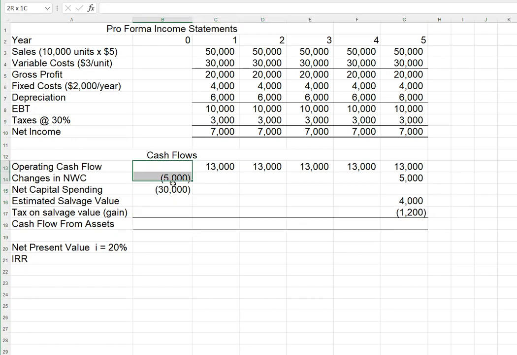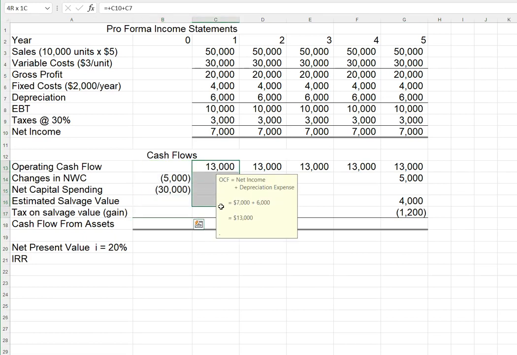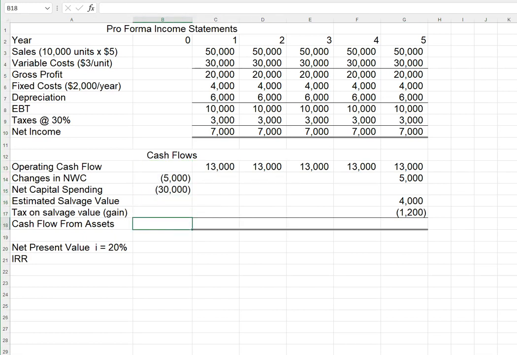We're going to sum all of these cash flows each year, and we end up with our estimated project cash flows of $35,000 going out at time 0, $13,000 a year annuity cash flow over years 1 through 5, plus our salvage and our tax on the salvage at the end of the project.